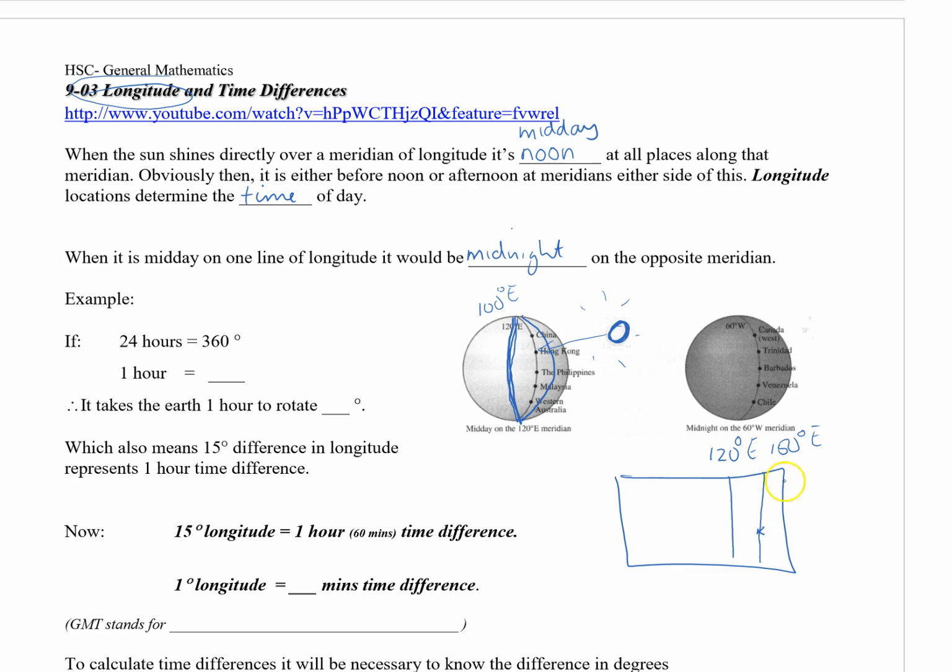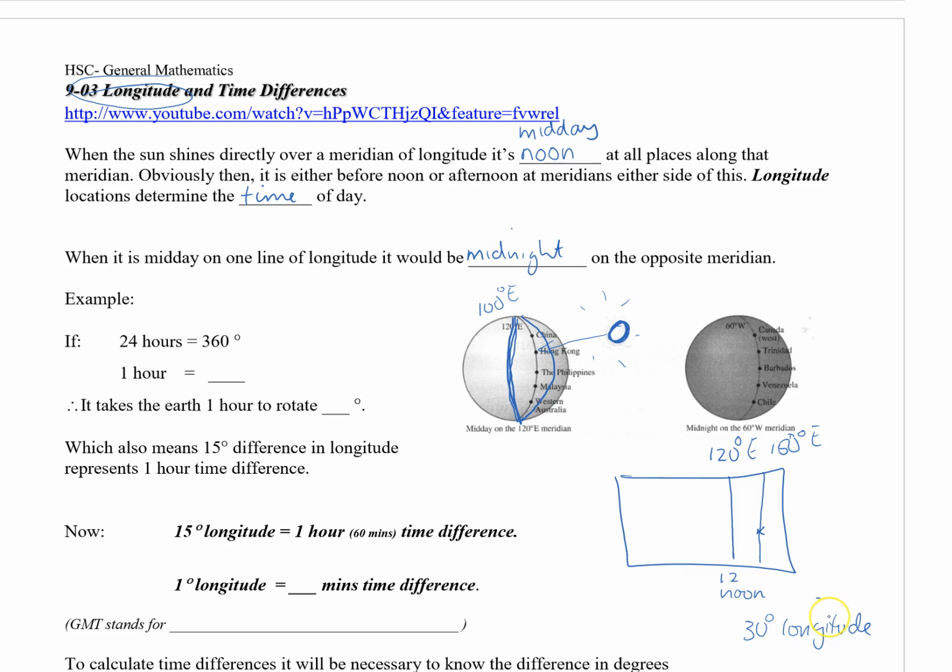We know that on the east coast, we almost go through 150 degrees east. So if it was 12 noon all along the 120 degrees east, just what time would it be in Australia, which has a difference of 30 degrees longitude?